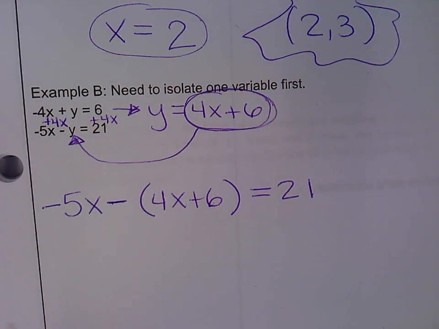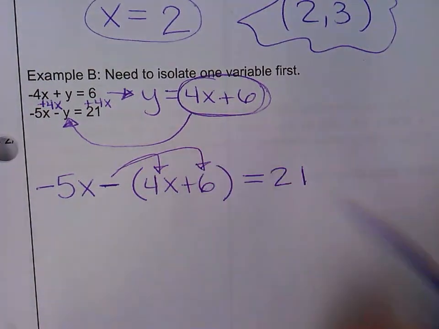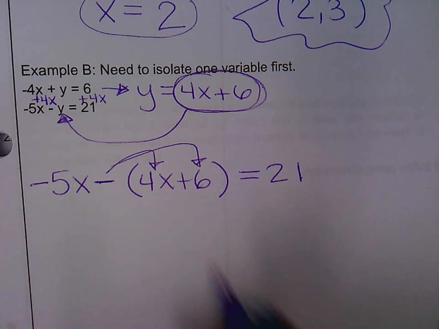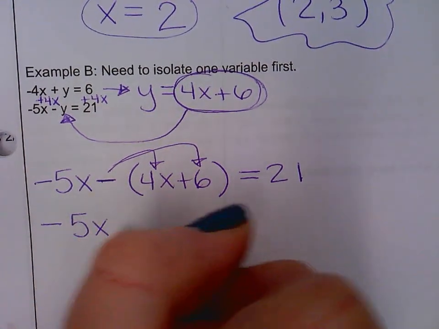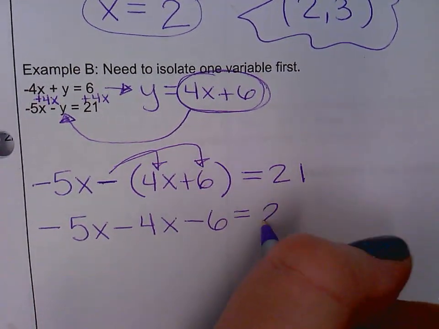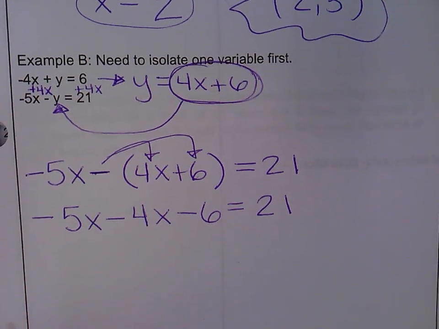I do need to do the distributive property to distribute this negative sign to both of the terms. So I would really have negative 5x minus 4x minus 6 equals 21. So now I'm going to collect my like terms.